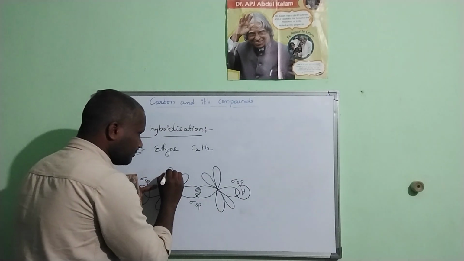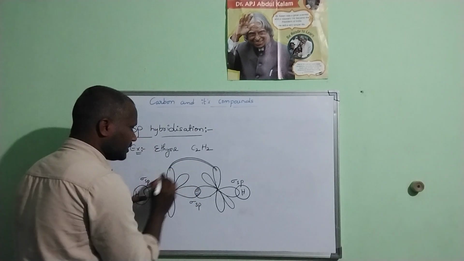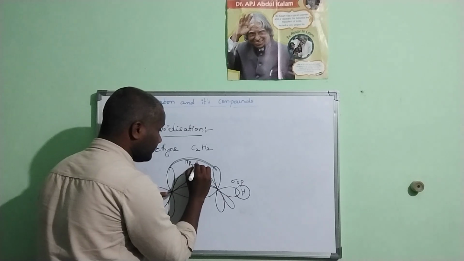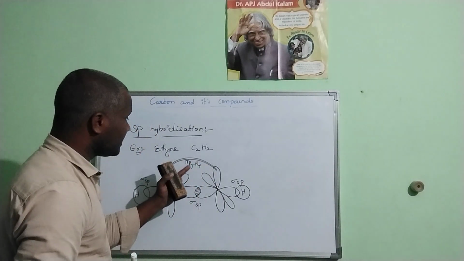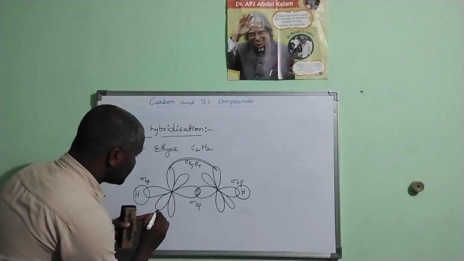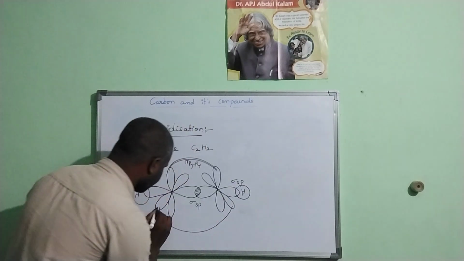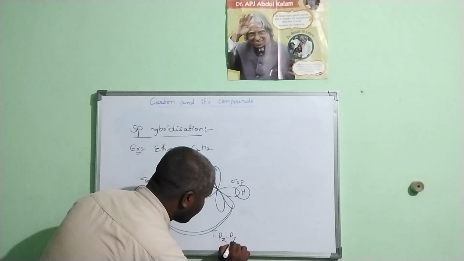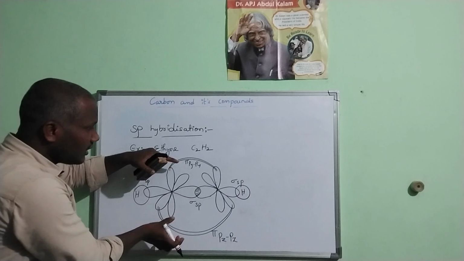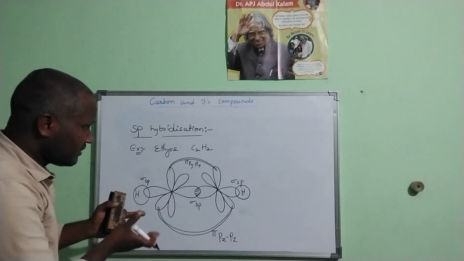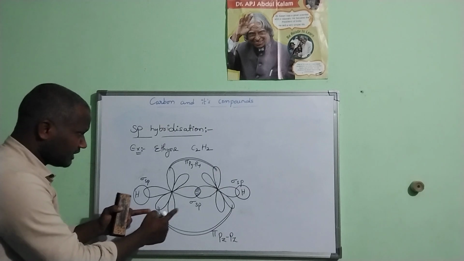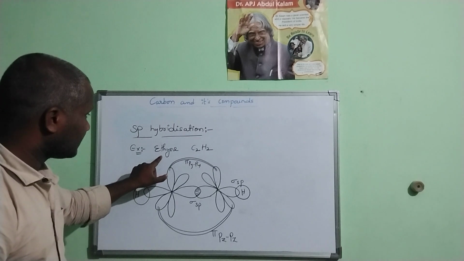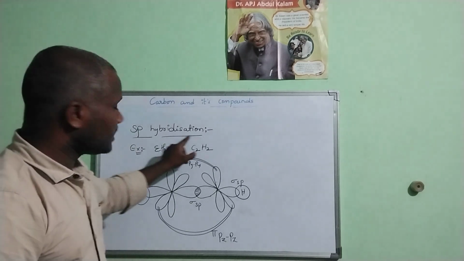Here we can observe pi py bond, and on the z axis pi pz. So a partial overlapping takes place between py and pz. Only s and p will be involved in the hybridization process. So this is the structure of ethyne, and in ethyne we can see sp hybridization.